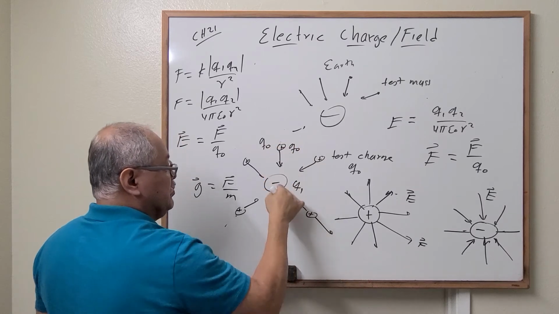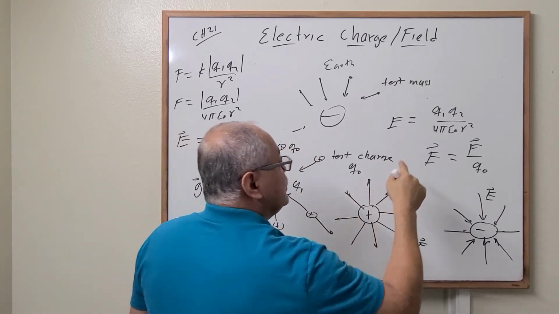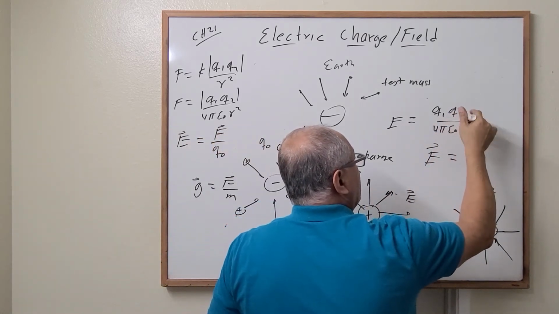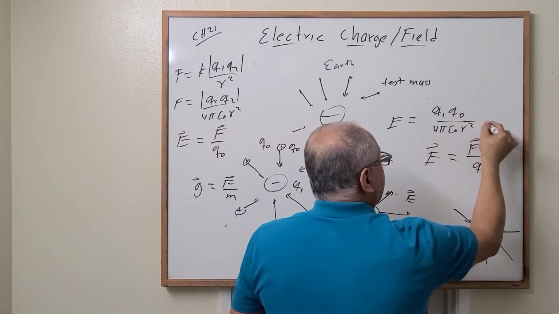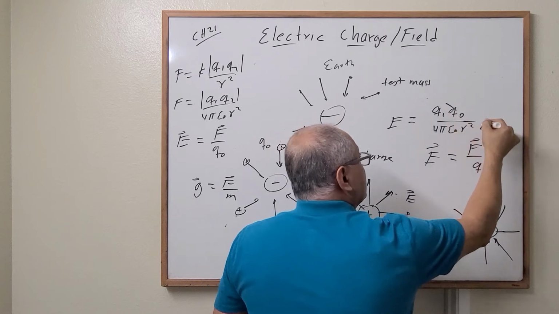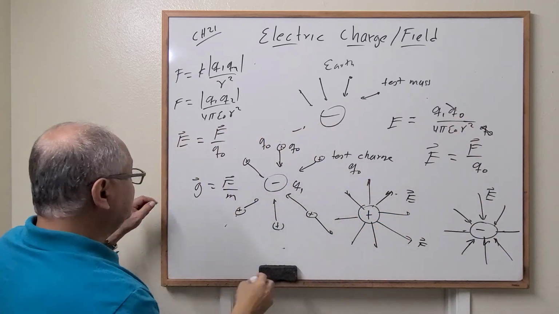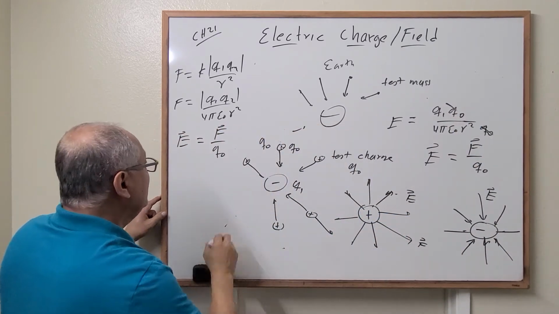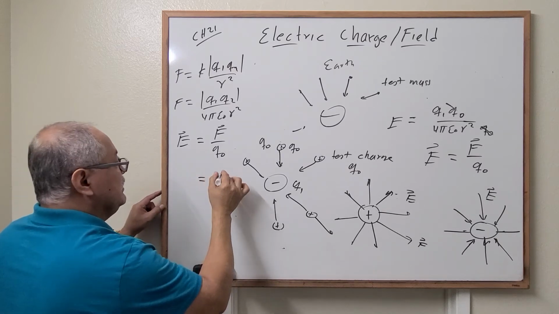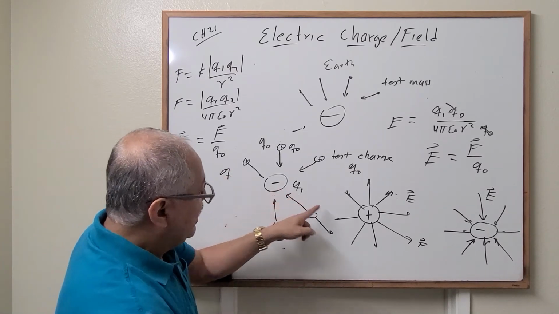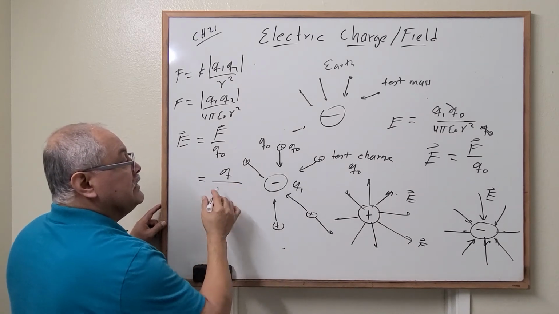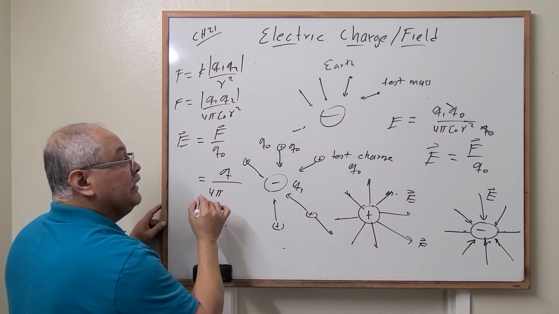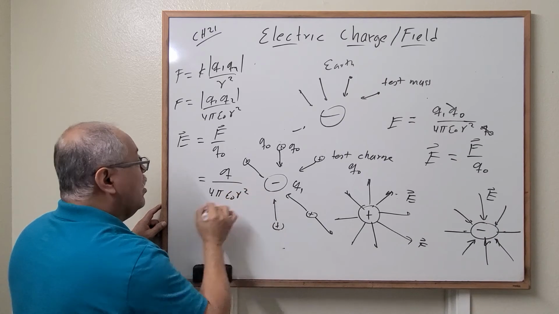So the force is between these two charges, correct? So one is going to be Q1, the other one is going to be q naught, and then this is divided by q naught. So this q naught is cancelled, and what do we have? Well, at the end, we can represent this charge as Q1, Q2, Q3, and so on. Just Q in general, divided by 4 pi epsilon naught r squared.